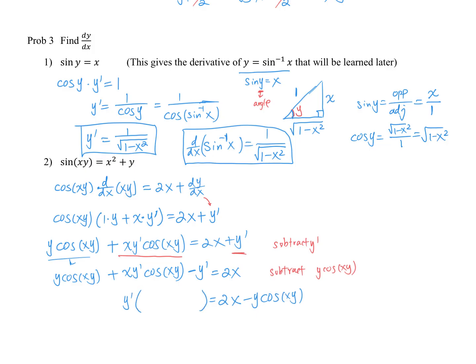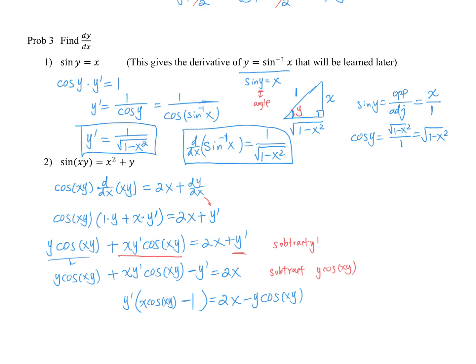Factoring out the y prime, we're left with x cosine xy minus 1. And now finally, we need to solve for y prime, right? So we divide both sides by this factor.